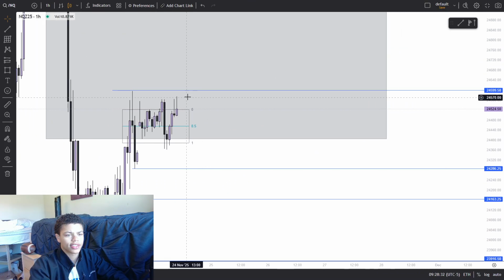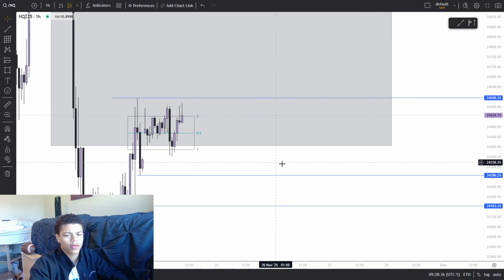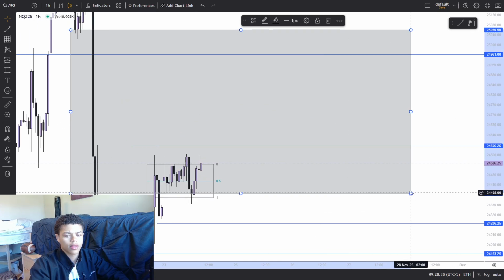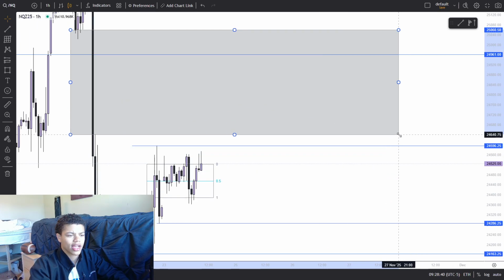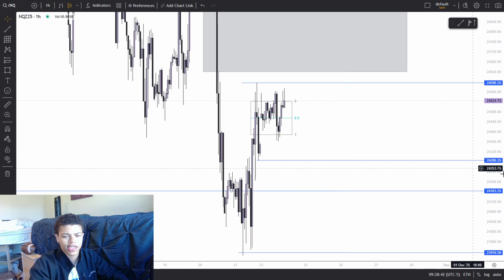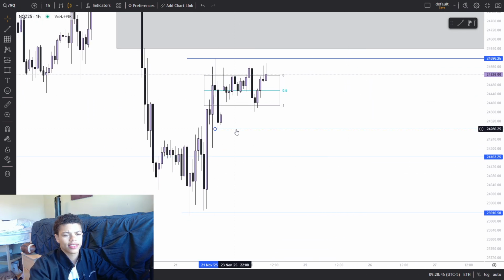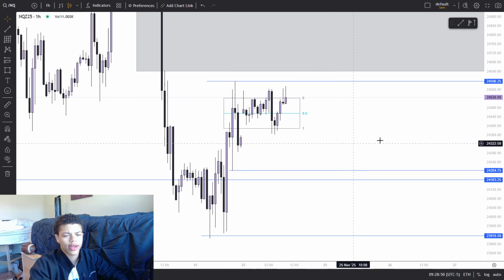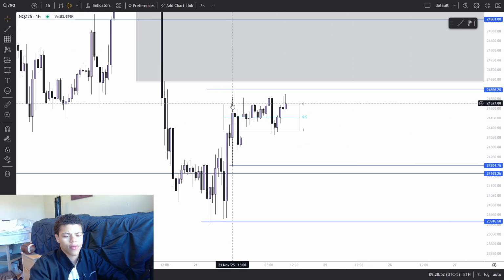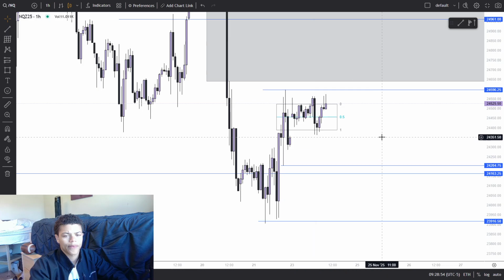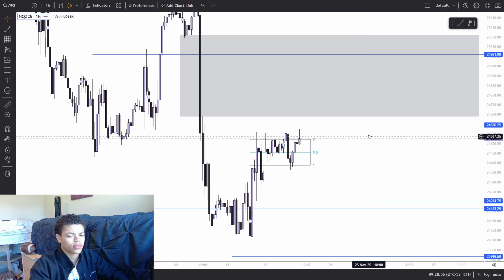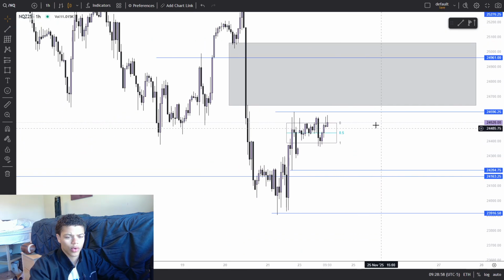Alright, I could definitely see us taking out this high right here. That would push a retracement from this hourly gap, and then that can send us down to this low right here. That would attest to our model on a 1-hour as well.